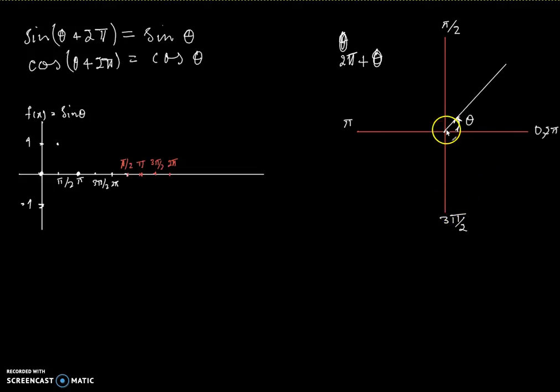At 3 pi by 2 your sine is, I guess let me see, I don't remember that. What is sine 3 pi by 2? Here you have x is 0. So again you get 0. No, we made a mistake. So at 0, sine 0 is basically, let's see.